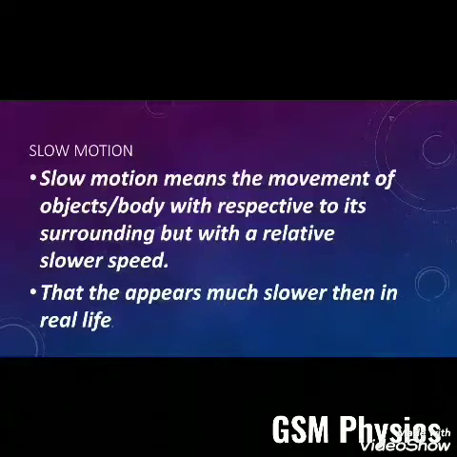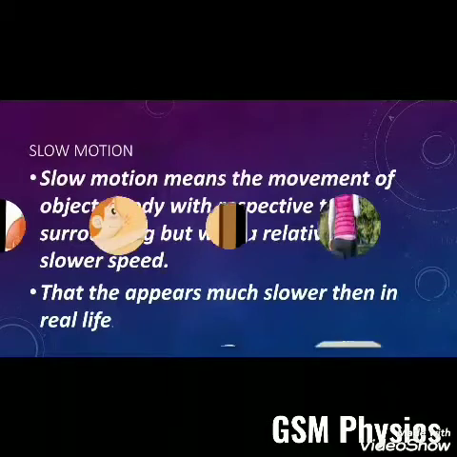Slow motion. Slow motion means the movement of an object or a body with respect to its surroundings but with a relatively slower speed. It appears much slower than real life. There are some more examples.